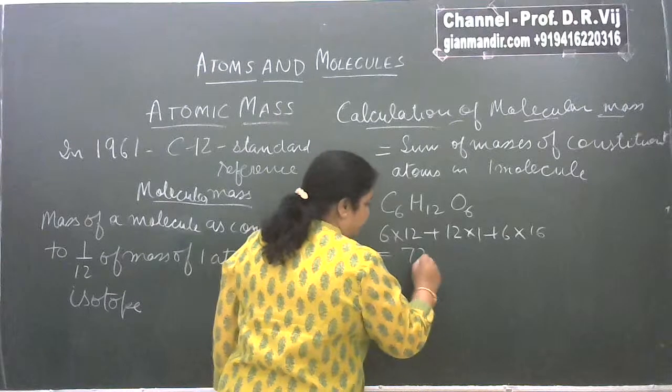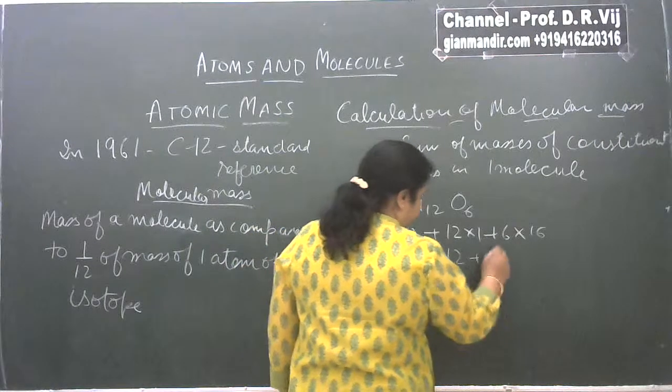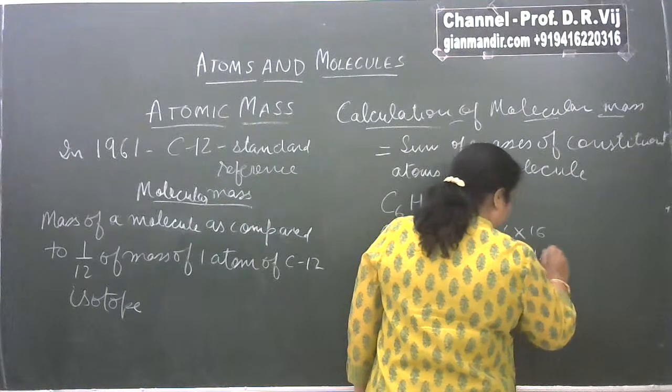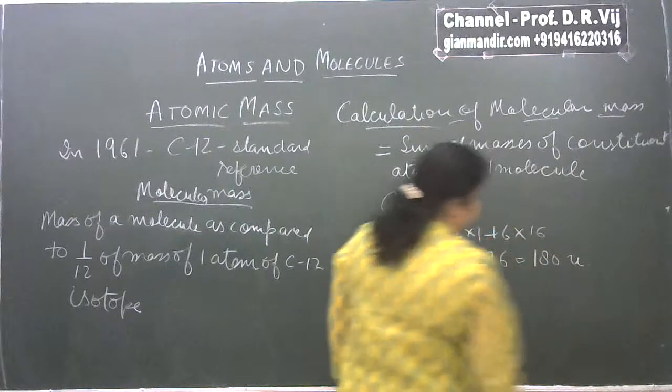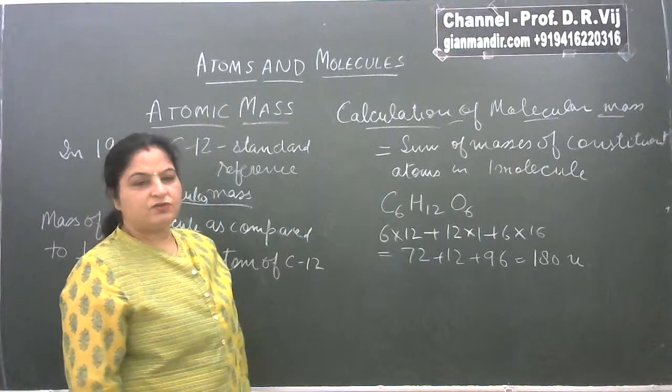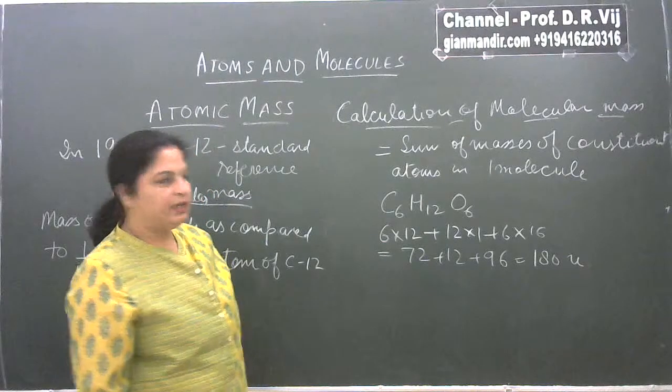So it comes out to be 72 plus 12 plus 96, which comes out to be 180 U. So here you can calculate the molecular mass of this glucose molecule.